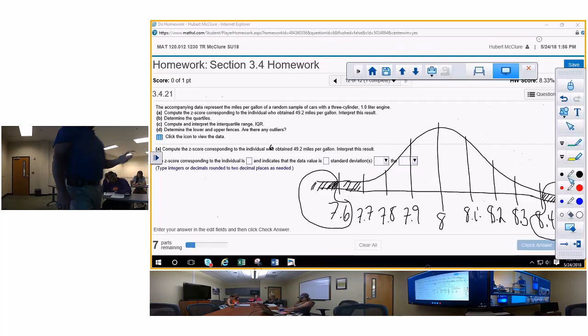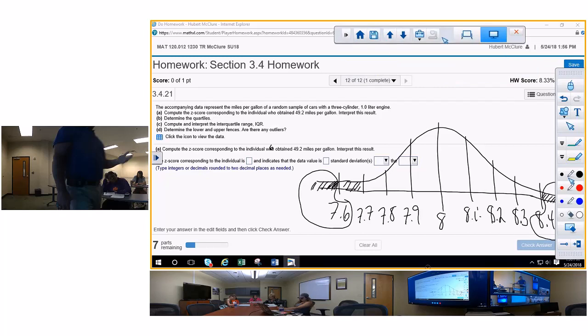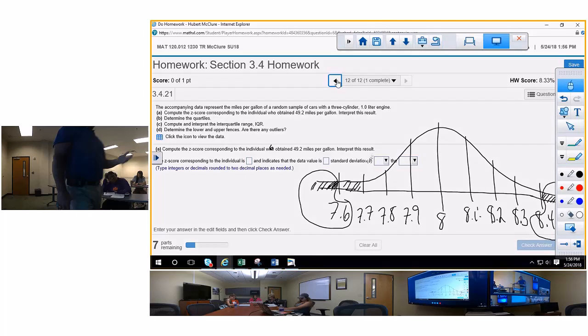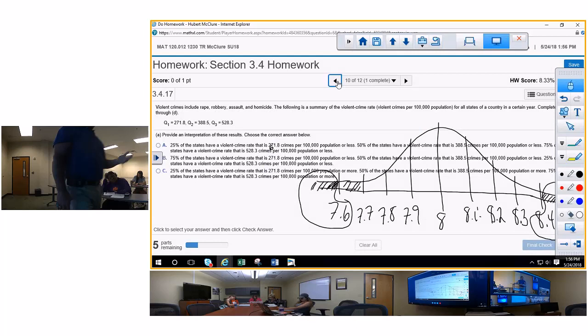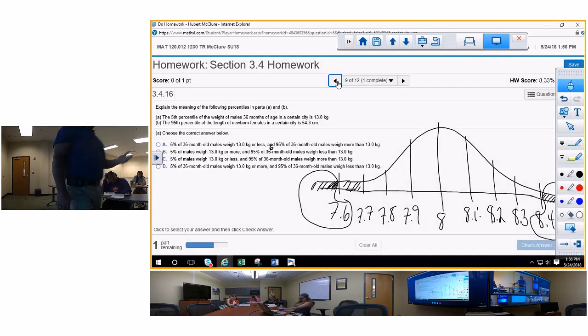And let's go back to the... I don't want to do the Z-score, I thought Z-scores were last. I'm sorry, I thought this was empirical rule. Let me see if I can find another empirical rule question, because the empirical rule questions are the ones that get y'all messed up. 5th percentile, no, that's Z-score.